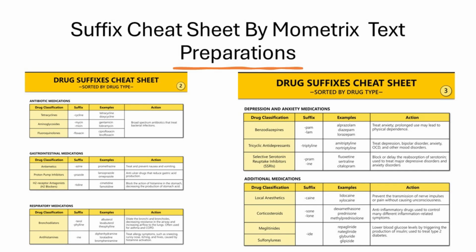These medications are used as a replacement therapy and used to treat things like hyperthyroidism. And most of these medications contain the suffix thy. All right, I just wanted to mention those two before I go on to the depression or anxiety medications.